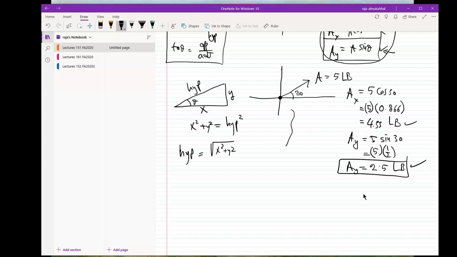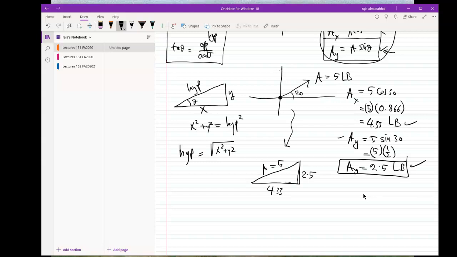We can check it here with what we have. Let me redraw that in terms of components. I have basically a triangle. This is the A, which is equal to 5, and this is the A sub y, correct? And that's 2.5, and that's A sub x right here, and that's equal to 4.33.